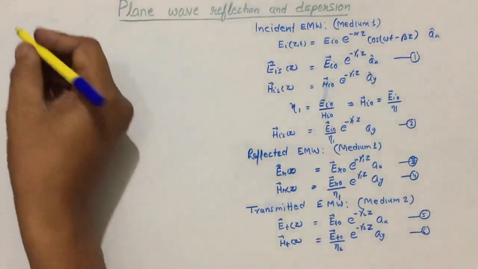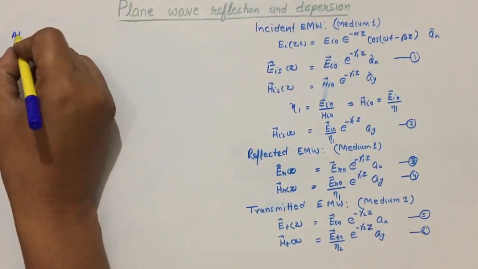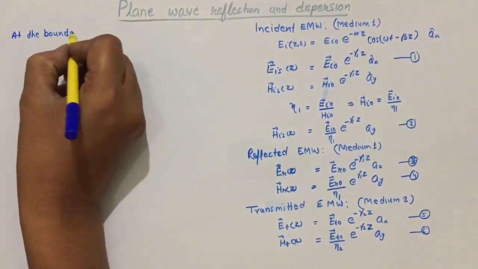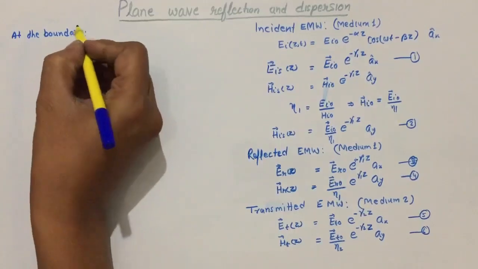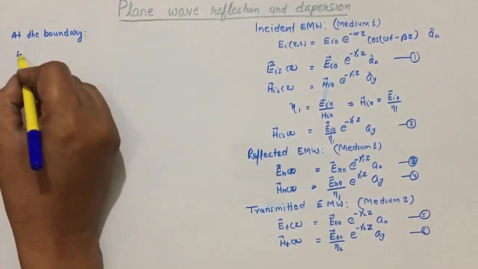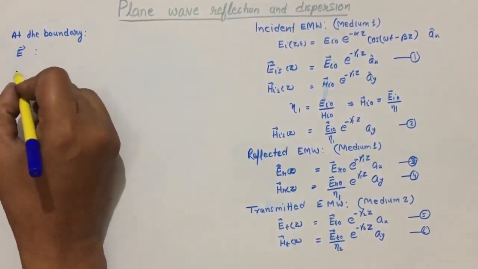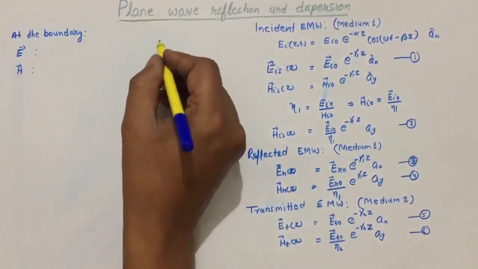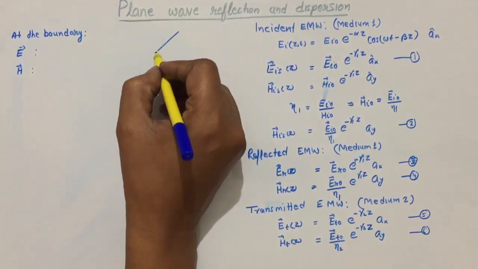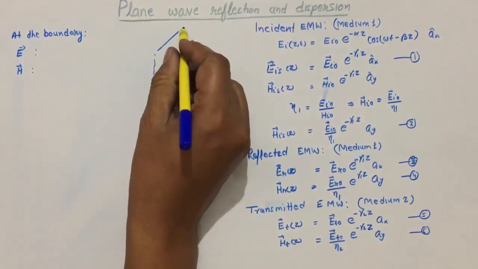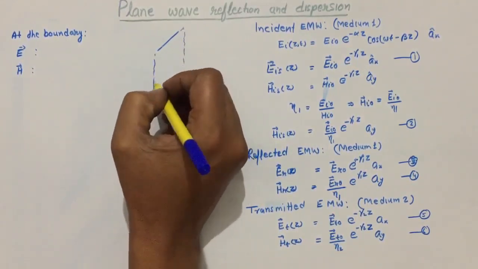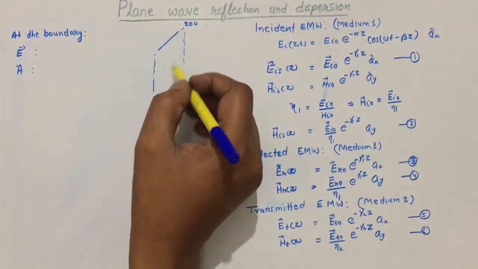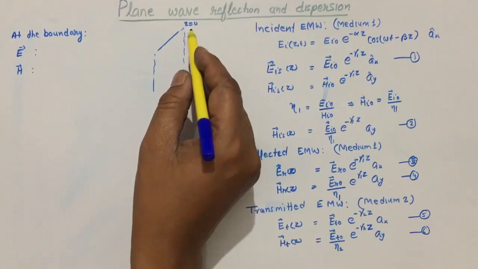Now, at the boundary, the electric field and magnetic field will be, for example, this is the boundary. It is assumed that the surface is lying at z equal to 0 and it is source free.